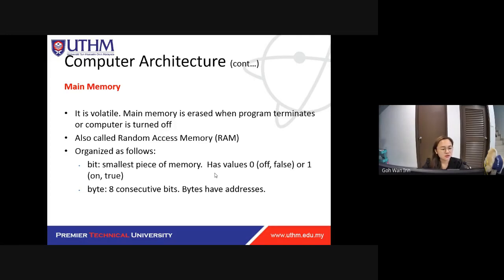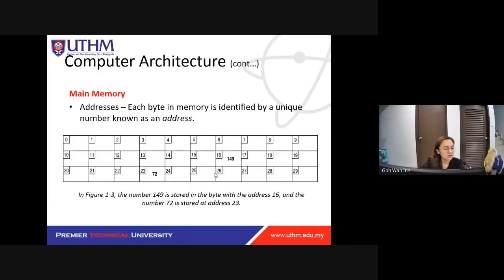Bytes are consecutive bits, and bytes have addresses. Each byte in the memory is identified by a unique number known as an address, from 0 up to a number depending on how many bytes you have.